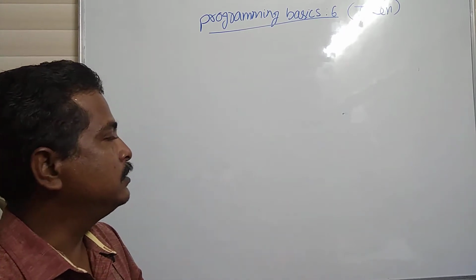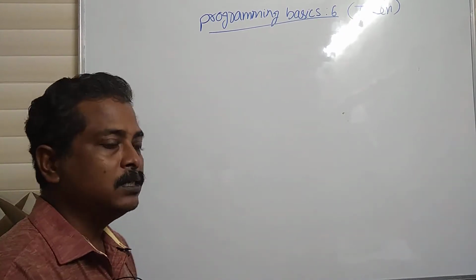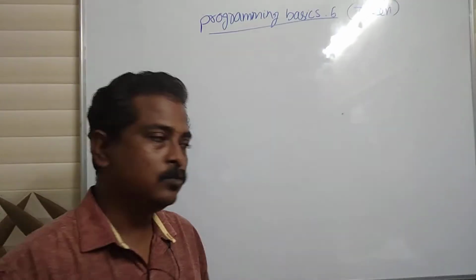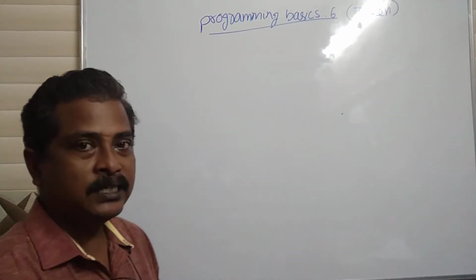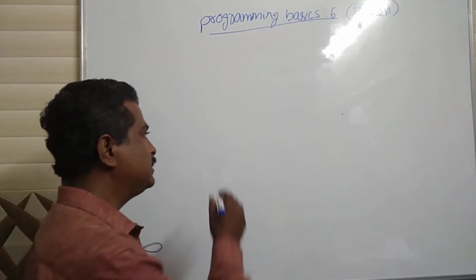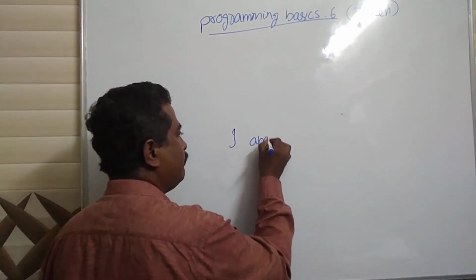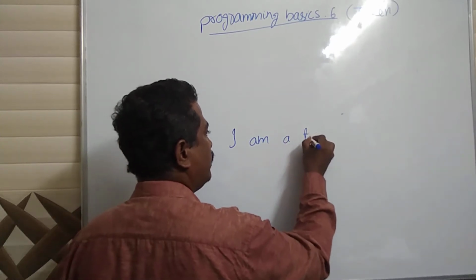The first theory in any programming language is the token. What is a token? To understand the token, let me take one example. I am writing a statement: I am a teacher.